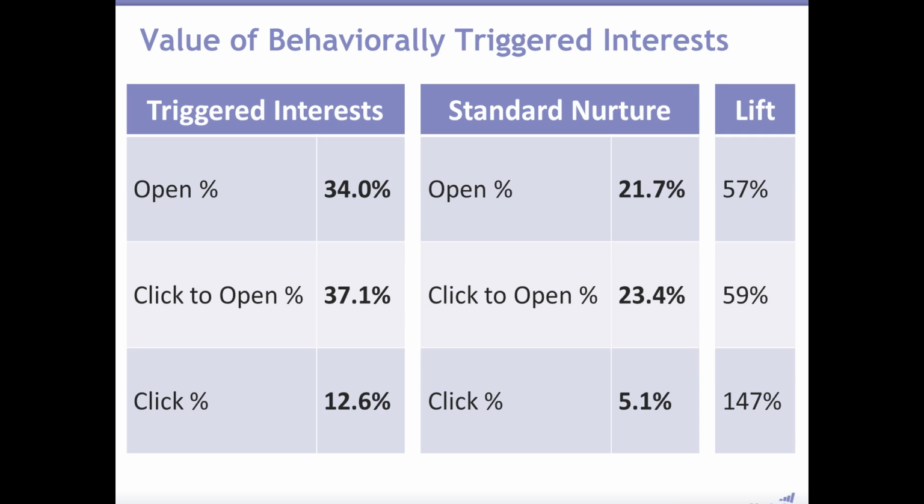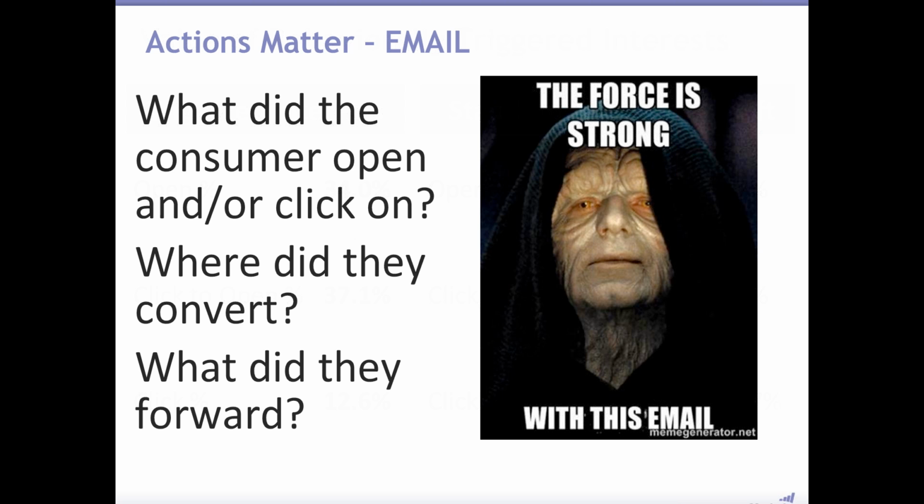We look at those behaviors, and when we see one of those, we say this person is interested in Microsoft Dynamics, and we put them into what we call a triggered interest track, which is very specific to that interest. Everybody else stays in our standard nurture track, our standard way of just keeping in touch with people. But the data on the slide shows that when we're able to put people into these targeted triggered interests, we get about 50% higher open rates, 50% higher click rates, and ultimately 150% higher overall clicks on those emails. That's what we're looking to see.